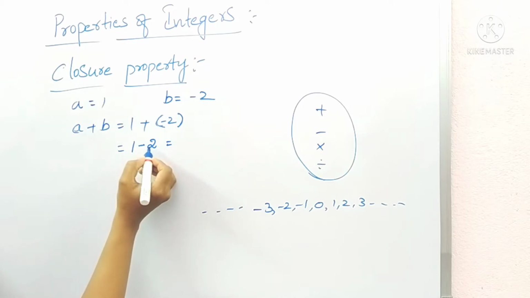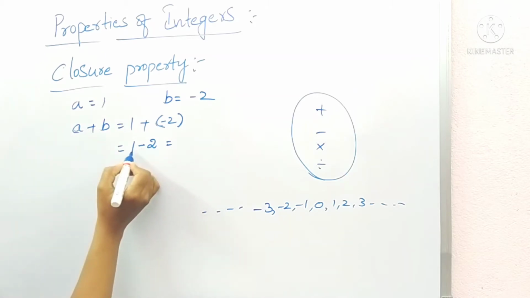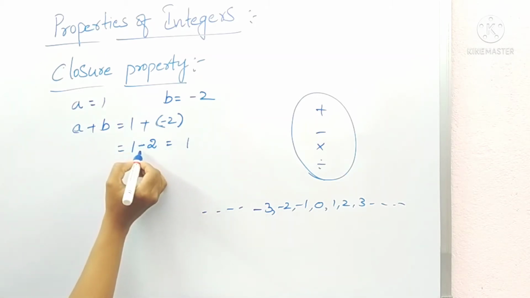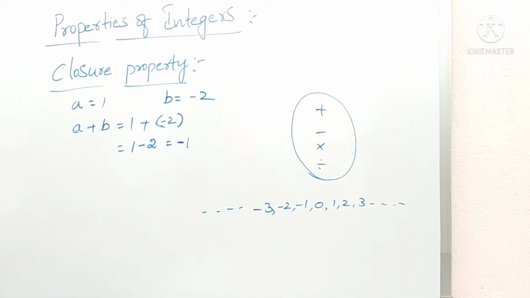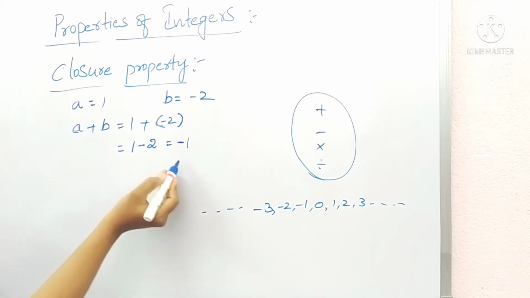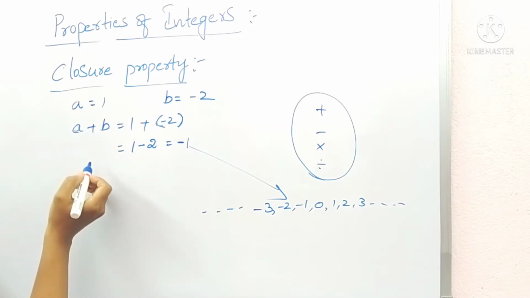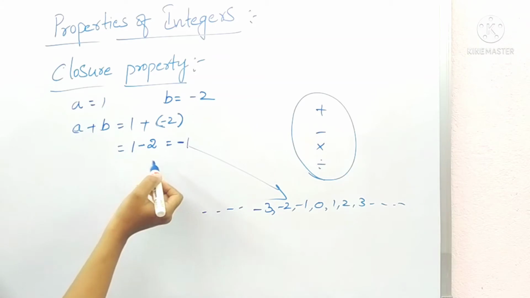Here both the integers have different signs, so just subtract the small number from the big number. 2 minus 1 is 1. Then what is the sign before the big number? Minus. So it will be -1. Is -1 contained in integers or not? Yes, it is an integer, right? So I took two integers and the sum is also an integer.